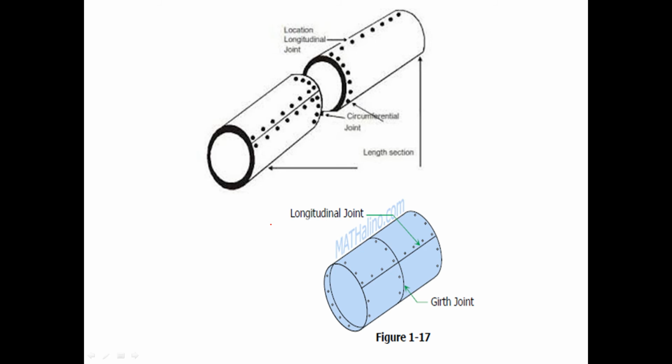If you don't use a joint, then it will be open in nature and the steam can leak out from the boiler. Yes or no? Yes, sir. Fine. So for that case, we use rivet joint.